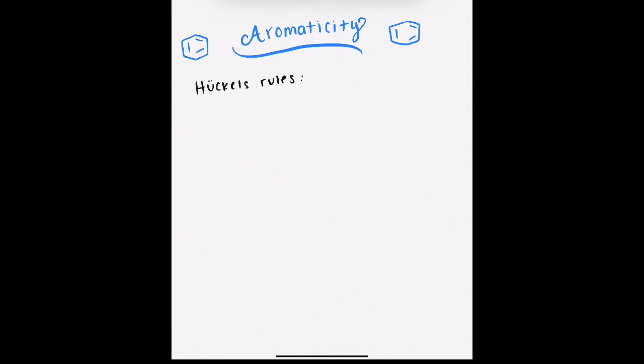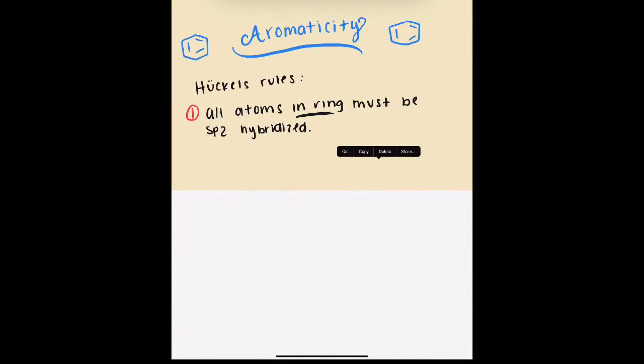Number one is that all atoms in the ring must be sp2 hybridized. This means that the ring is connected to three things.